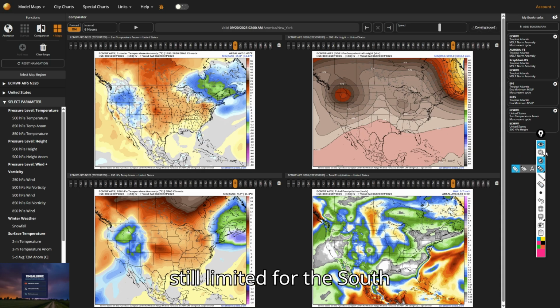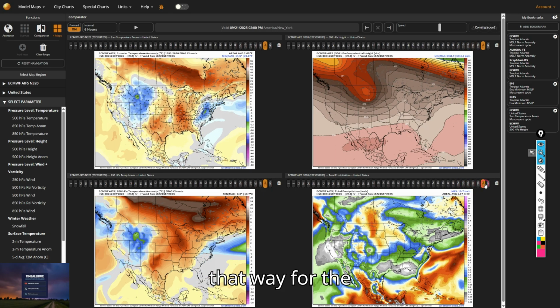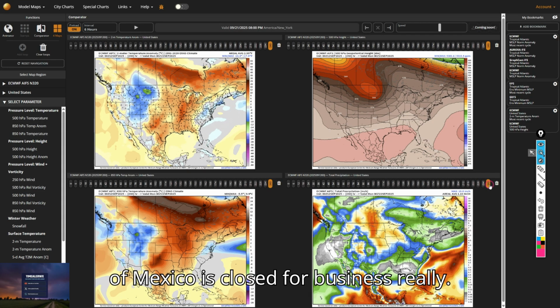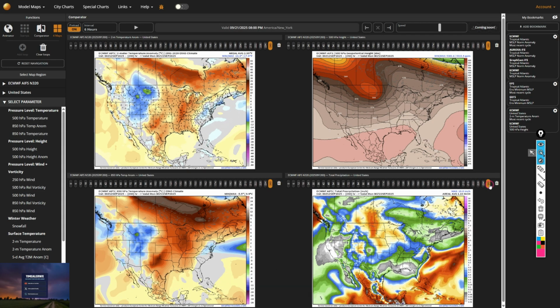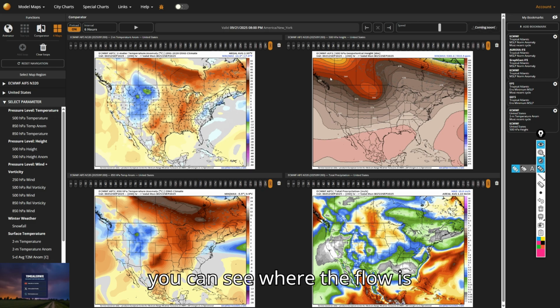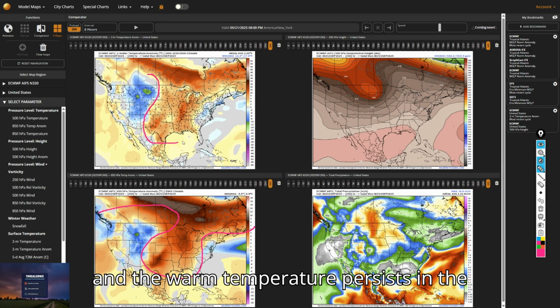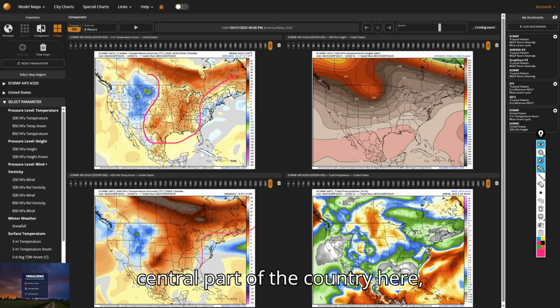Precip is still limited for the south in the long term, and it looks to stay that way for the foreseeable future. It looks like the Gulf of Mexico is closed for business, really. And if we believe this model this far out, you can see where the flow is pretty zonal with a little amplification here, but the warm temperatures persist in the central part of the country here.